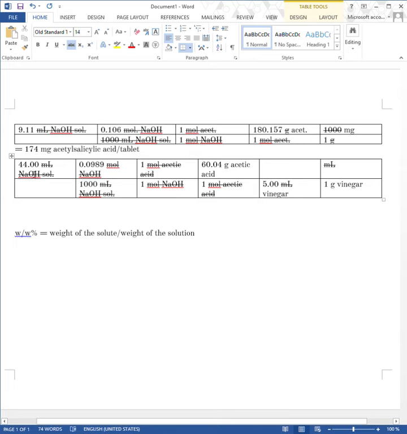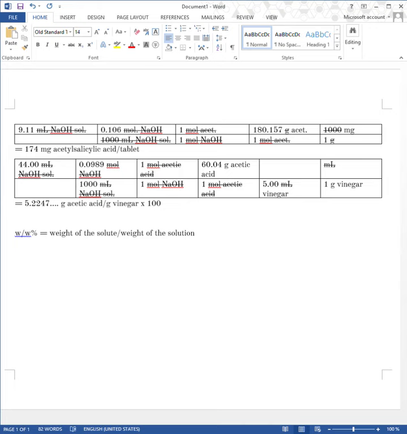So plug all that in, and you're going to get a number that looks like 5.2247, and some other stuff, and that's going to be grams acetic acid per gram vinegar.